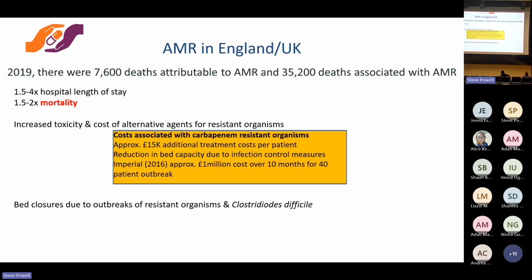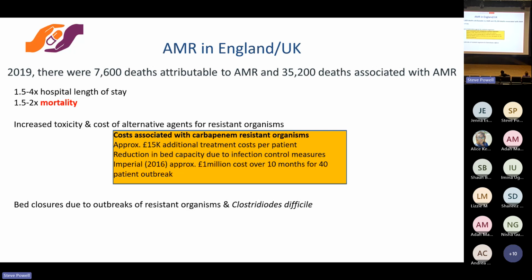So what this translates to is not only mortality, but also morbidity, longer hospital stay, awful for the patients, terrible for healthcare systems and flow. And the agents that we have to reach for to treat these resistant infections have cost associated and toxicity associated.